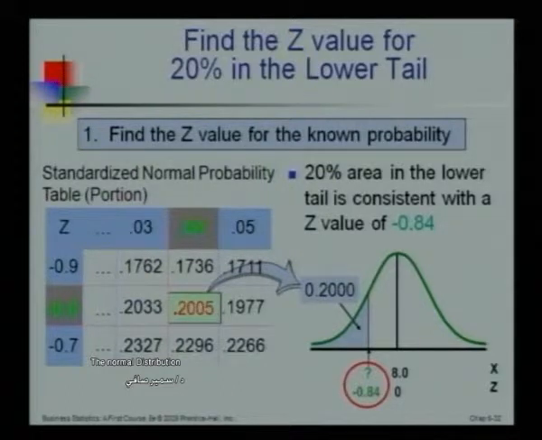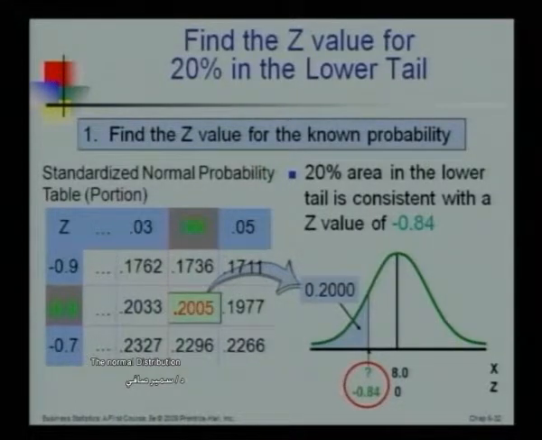The nearest value to 0.2 is 0.2005. Sometimes you have the exact value in the table, but most of the time you don't. So we have to look at the approximate value, which is very close to the one you have. So here we are looking for 0.2.